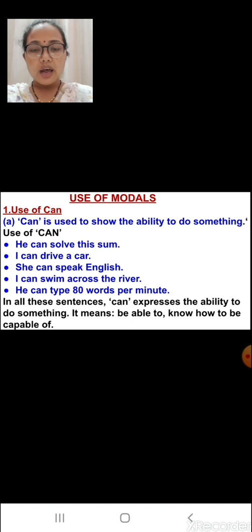Number 4, I can swim across the river. Number 5, he can type 80 words per minute. In all these sentences, can expresses the ability to do something. It means be able to, know how to, be capable of.